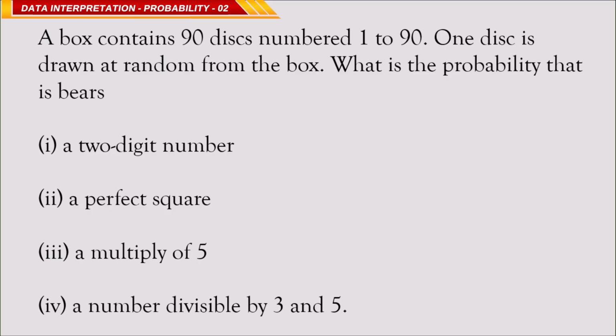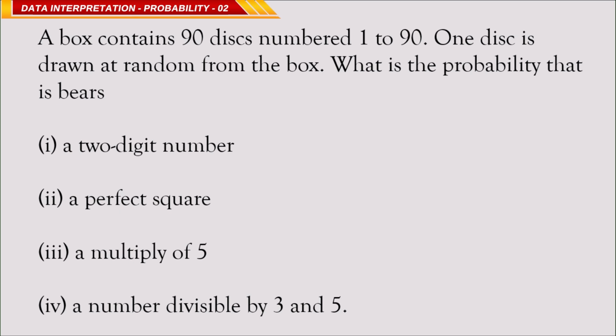A box contains 90 discs numbered from 1 to 90. A disc is drawn at random from the box. What is the probability that it bears a 2-digit number? That is the first question. What are the favorable outcomes for a 2-digit number?